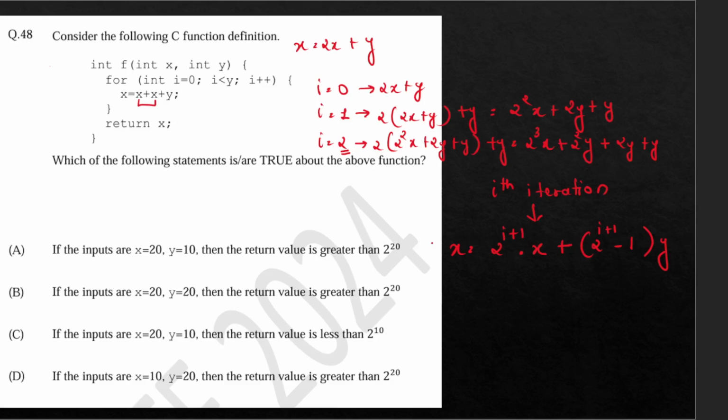Okay everyone, any doubt here till now? Or you can also take common from this term. If you take it, x equals 2 to the power I plus 1, here x will be remaining, plus y, and minus y will be there. Like this it will be.